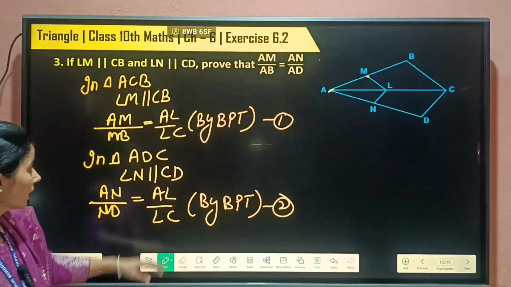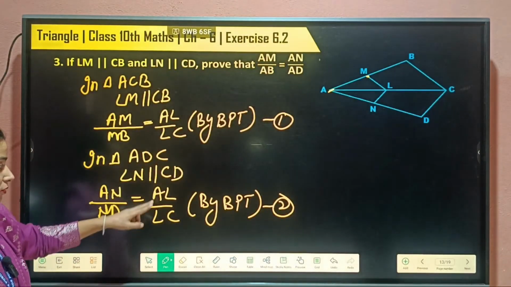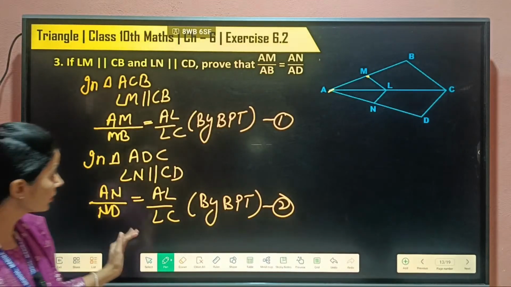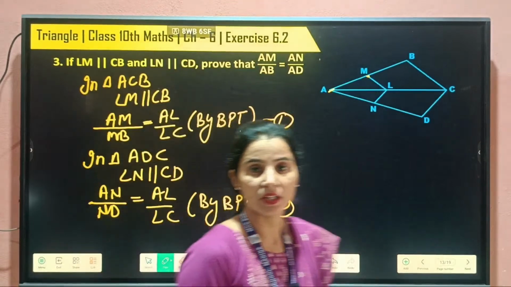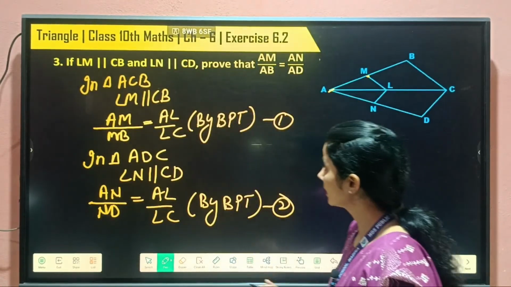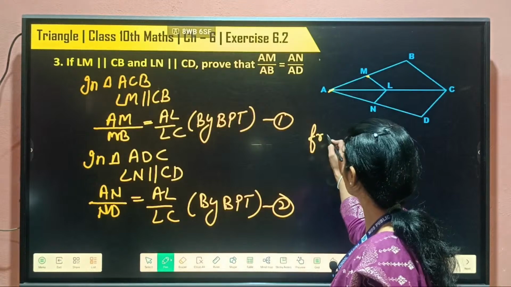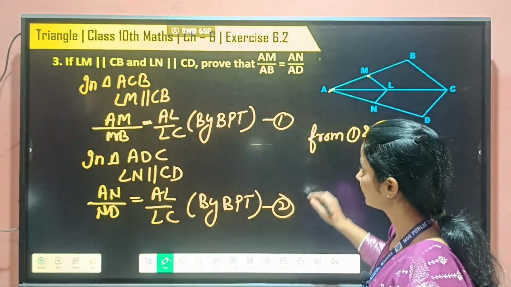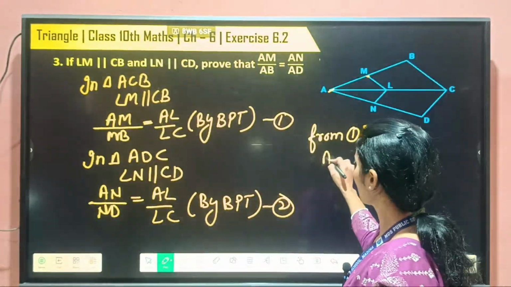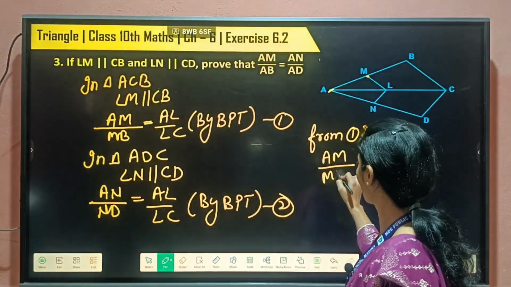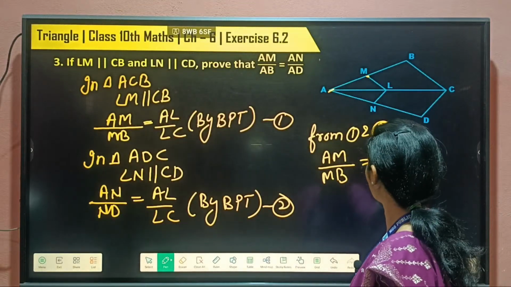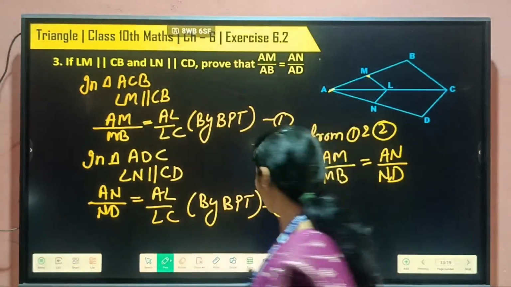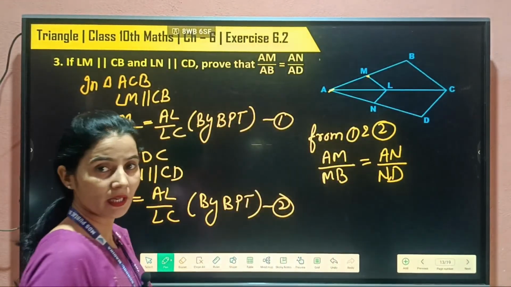From 1 and 2, both equations have their right hand sides equal, so their left hand sides must be equal. From 1 and 2, I can say AM by MB equals AN by ND.